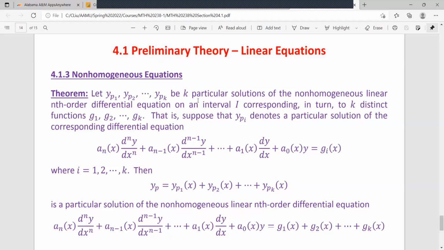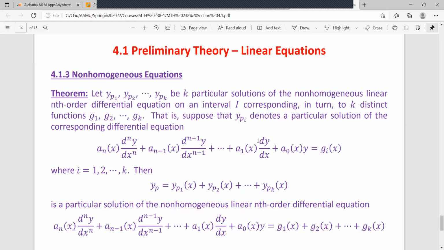So these are k particular solutions of the non-homogeneous nth-order differential equation on the interval I, corresponding in turn to k distinct functions g1, g2, to gk.